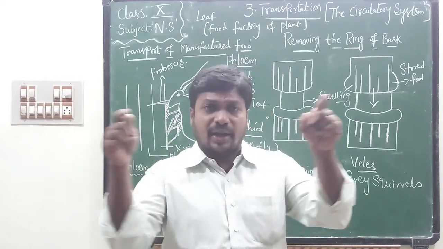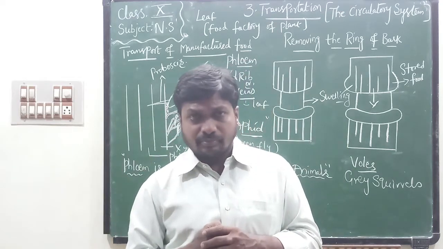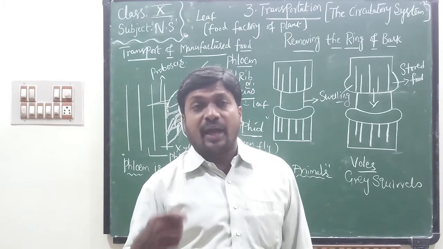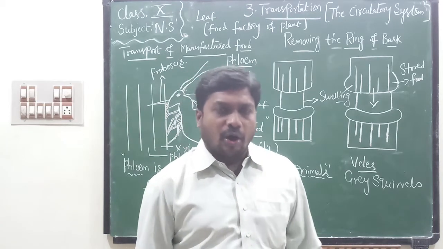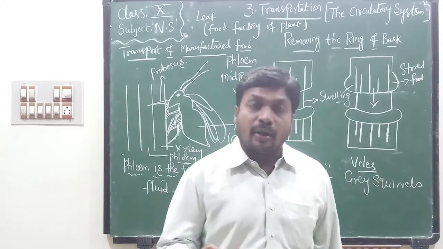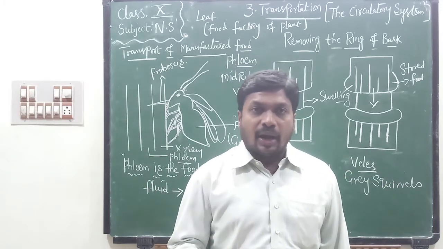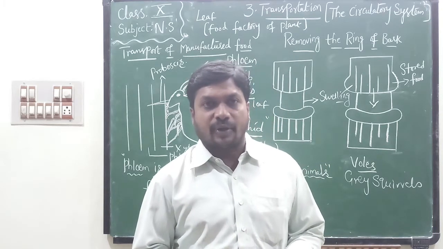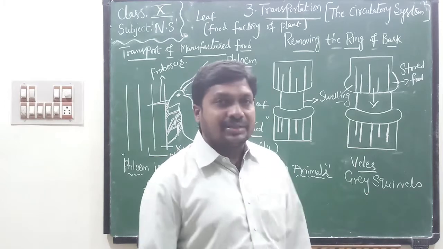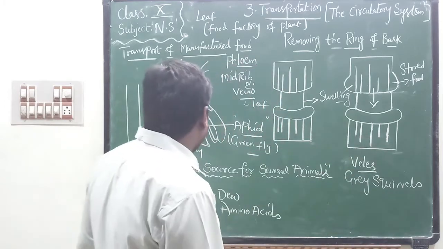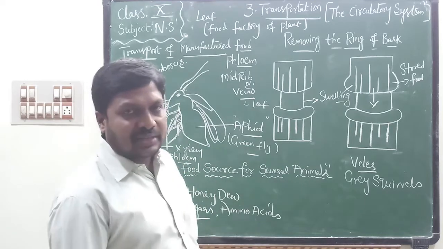They also construct wire nettings to prevent the entry of animals like grey squirrels, rabbits, and some types of mammals. This helps to protect the forest resources from damage by animals. So this information tells us phloem is the food source for several animals.